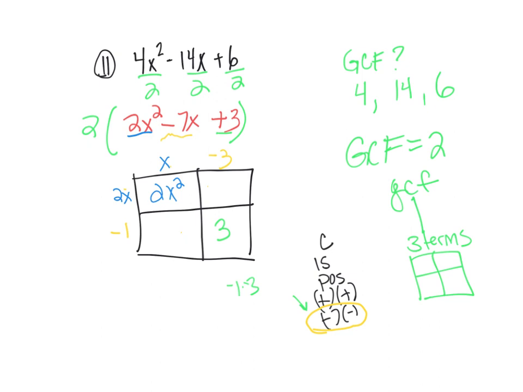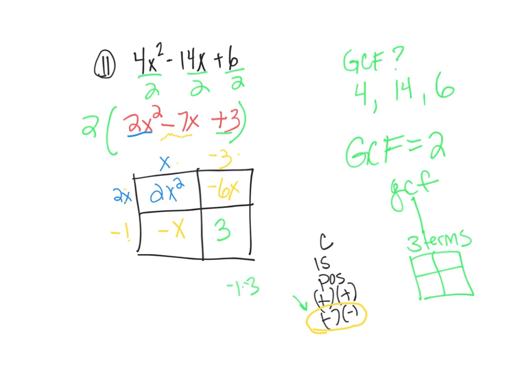So now when I multiply, negative 1 times x is negative 1x. 2x times the negative 3 is negative 6x. And when I go to check myself now, look at this. The negative 1 and the negative 6 are going to give us that negative 7 that we need.